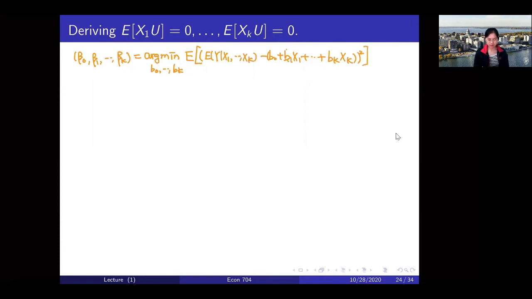Since this is a square function, a smooth convex function, we can use the first order condition to solve this problem. Let me write down all the first order conditions that the optimal solution should satisfy.